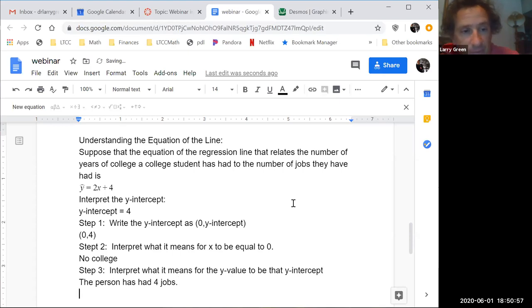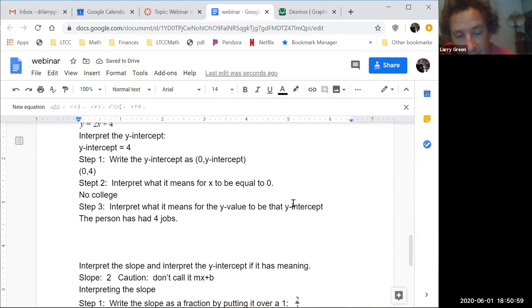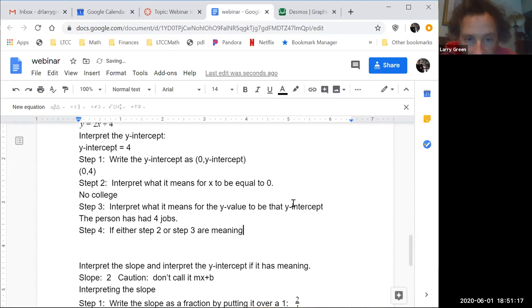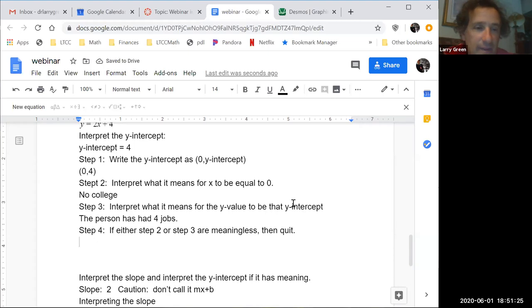Step 4 is, if either step 2 or step 3 are meaningless, then quit. Okay, so in this case, is it meaningful for someone to have not had college yet, having had 0 years so far of college? Is that possible?